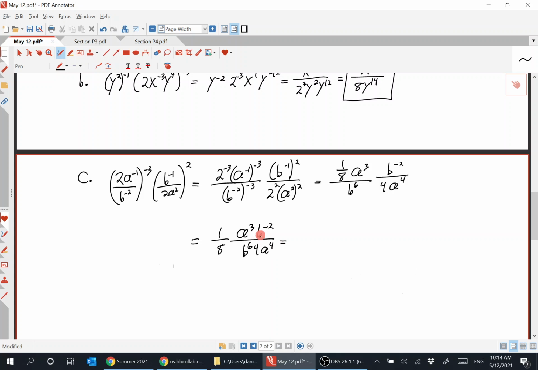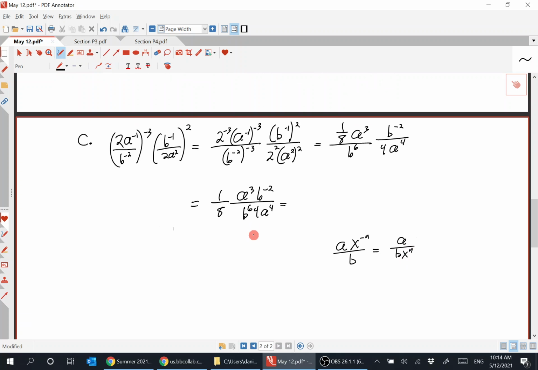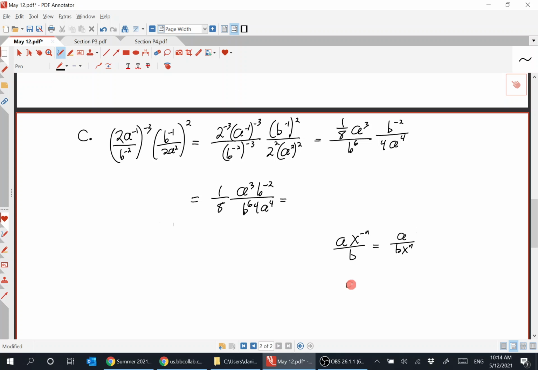Remember the negative exponents: if you've got a x to the minus n over b like this, take that x to the minus n and you can put it down here and make it a positive exponent. Or the other way around, if you have x to the minus n down here, you can bring that up top and make it a positive exponent.